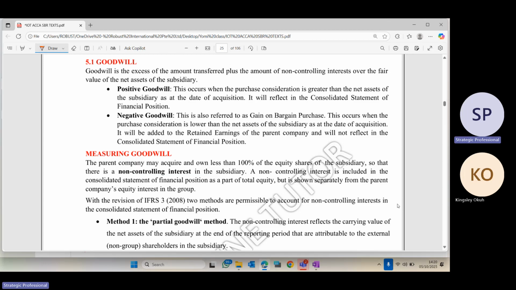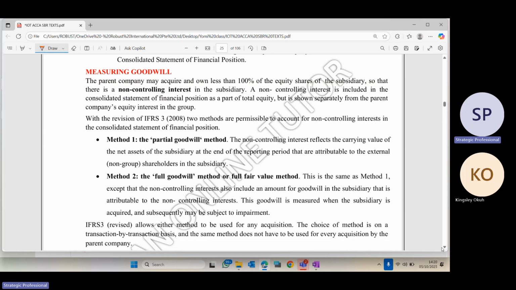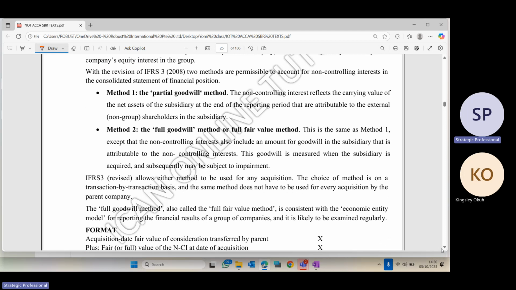Goodwill measurement. To measure goodwill, you can really measure it in two ways. One, either partial goodwill, or we use full goodwill method. Partial is also known as proportionate method, while full goodwill is also known as fair value method.